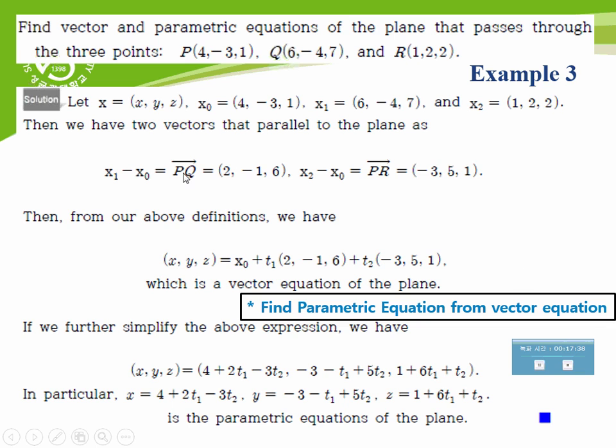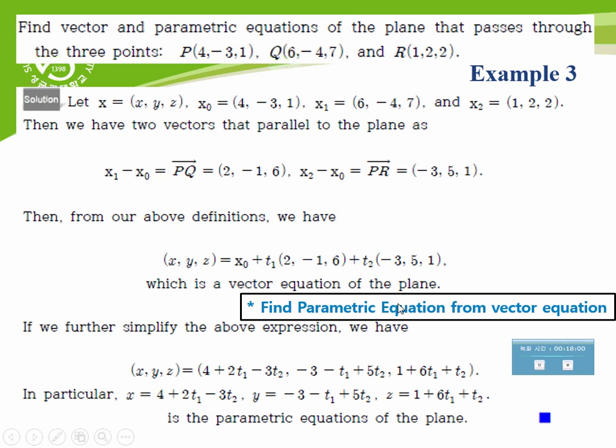And the plane passes through one point, let's say this x0 is the first point P.